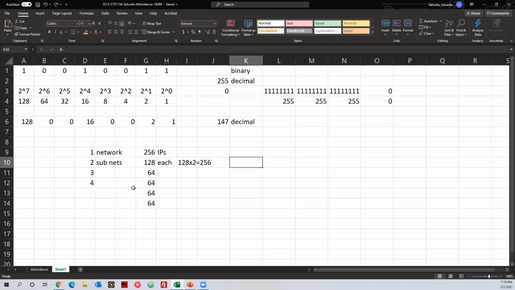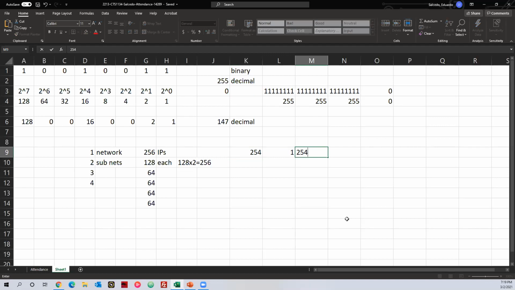So while you have 64 different ones, let's start with 1. You have 256, but you really can use 254, ranging from 1 to 254, right? Yes. Because you cannot use a 0 and you cannot use a 255.